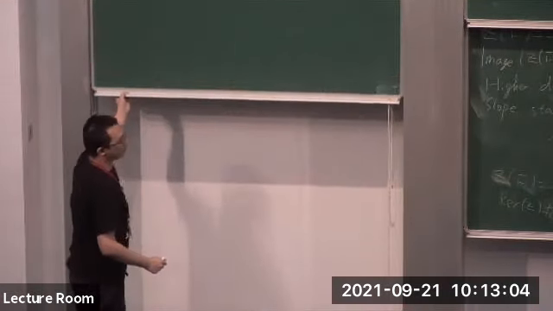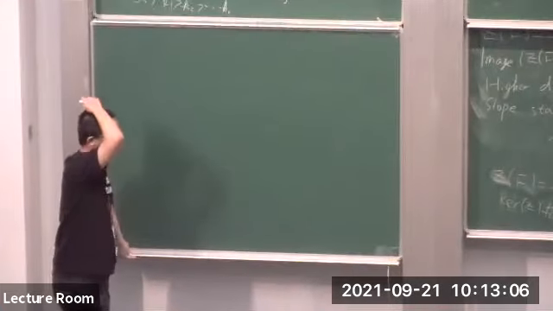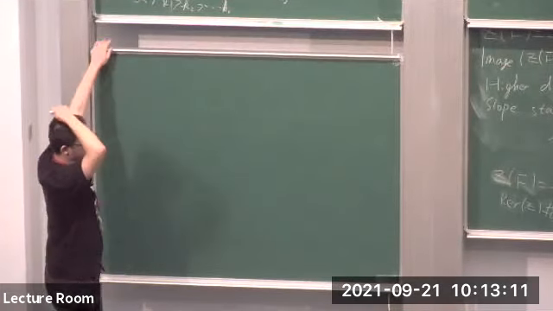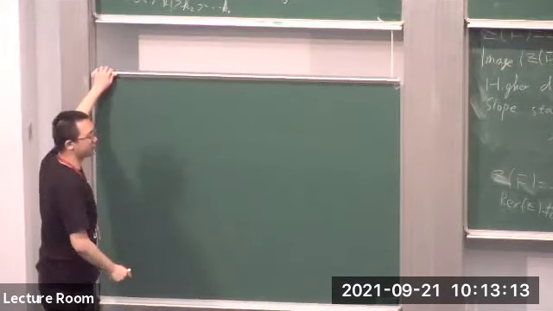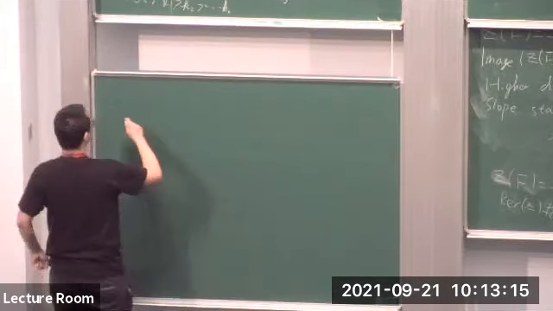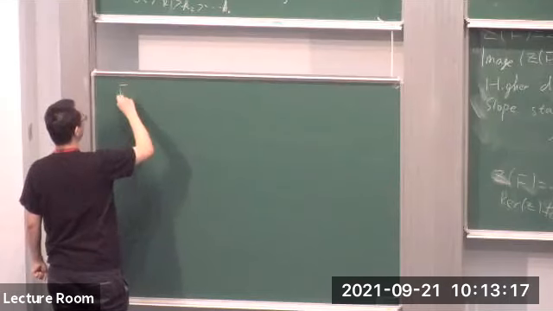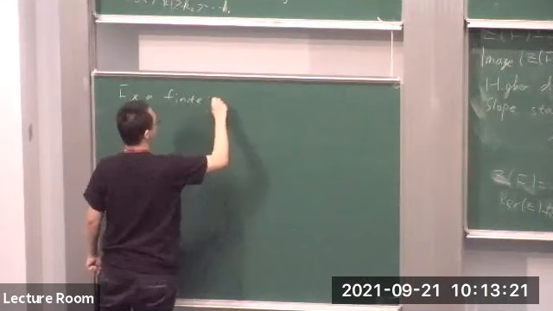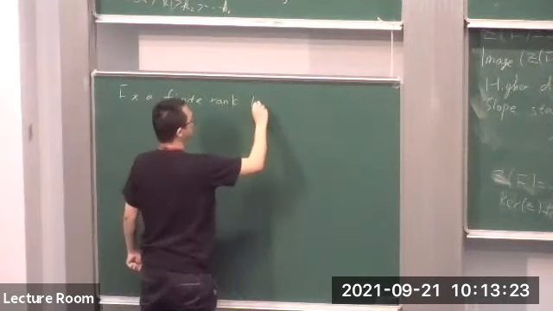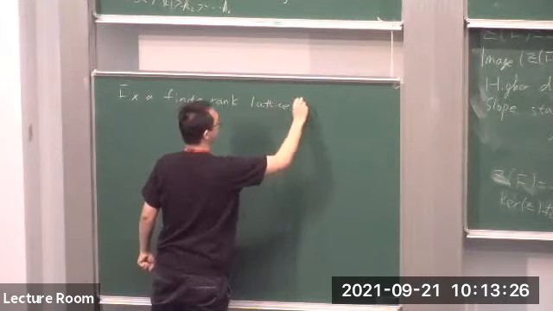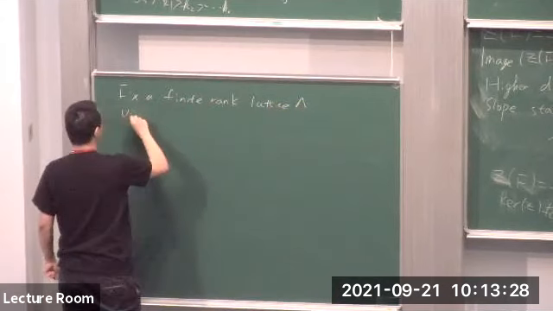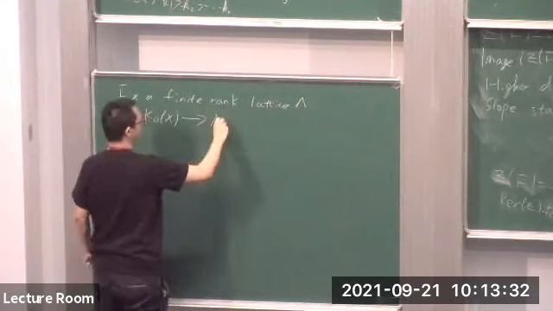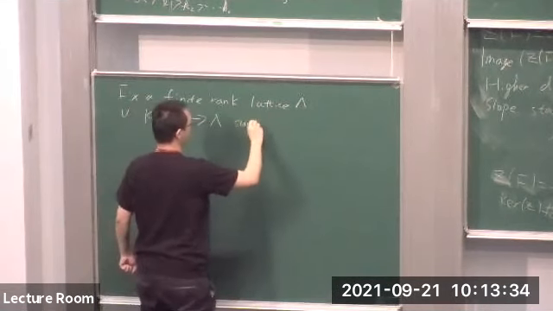Another thing we need to do is that the bounded derived category is actually too large, so we will try to make it a bit smaller by doing something on the lattice. So fix a lattice, a finite rank lattice Lambda, and let v be a surjective group homomorphism from the Grothendieck group to Lambda.